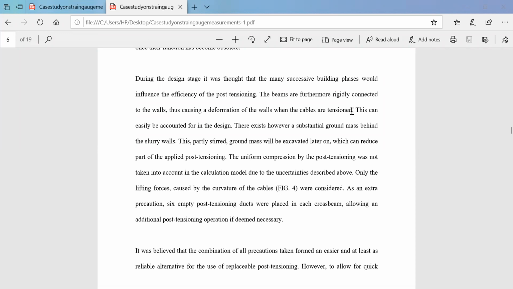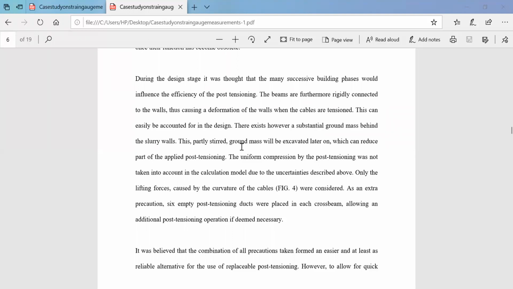Whenever you have a beam and a load is applied on it, it gets deformed if the material is not able to withstand the load. That is called deformation, and it occurred here as well. This can easily be accounted for in the design. If deformation comes into the picture, it is directly accountable in the design they have done.